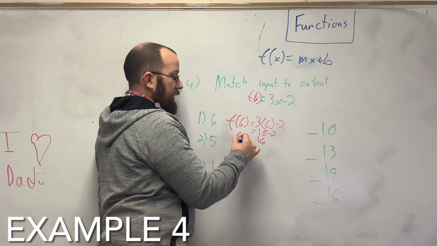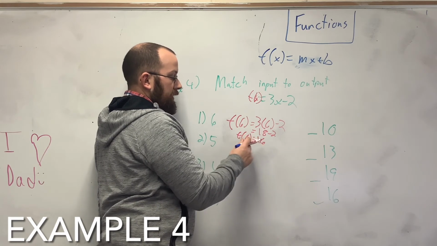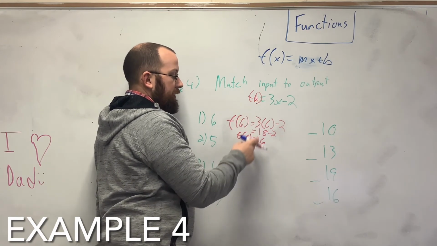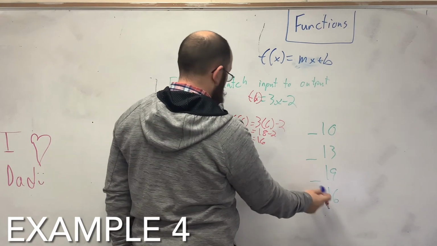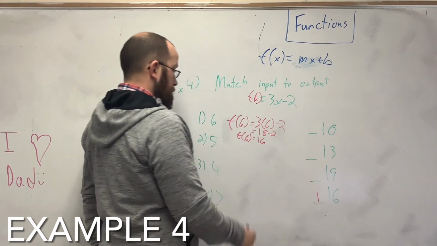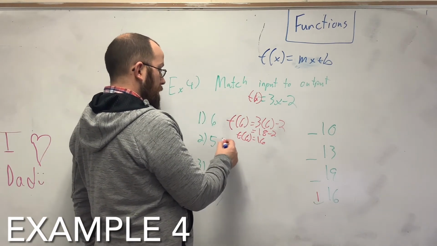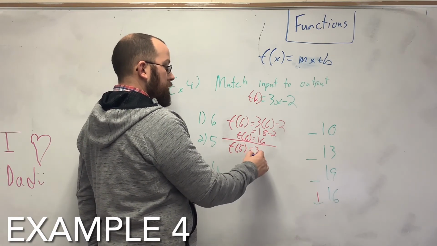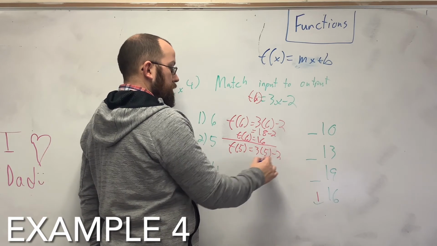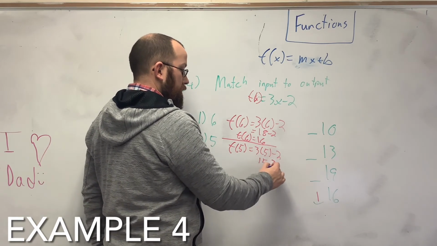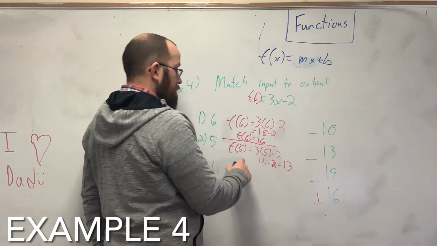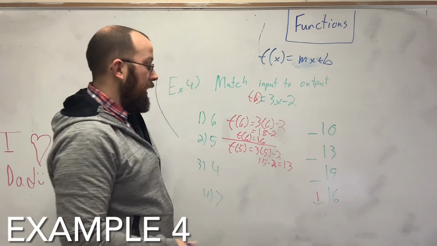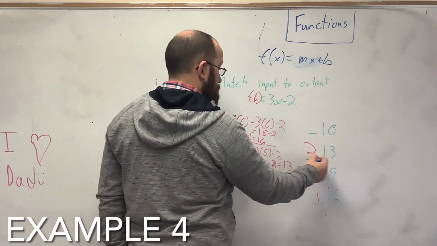So anytime x is 6, the answer is 16. So then we're going to input 5. So 15 minus 2 is 13. So anytime I input 5, my output is 13.